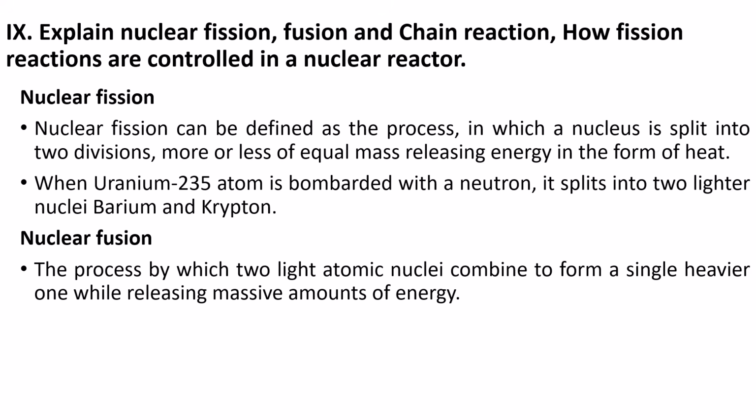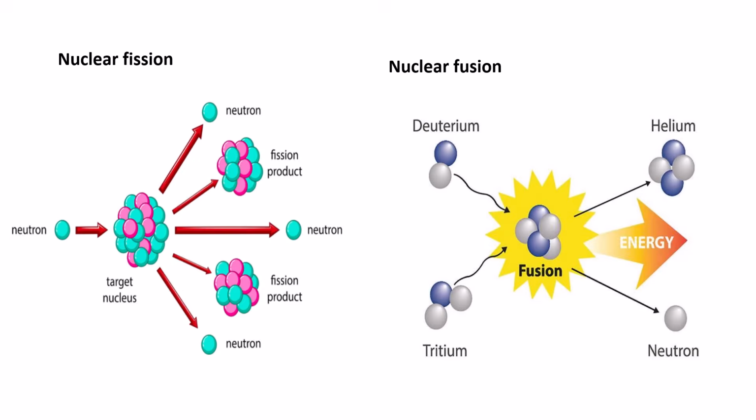Nuclear fusion: the process by which two light atomic nuclei combine to form a single heavier one while releasing a massive amount of energy is called nuclear fusion. Here you can see the pictures of nuclear fission and fusion. A heavier nucleus is bombarded with a neutron.